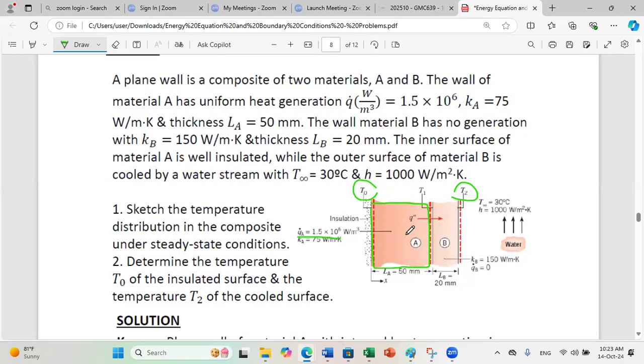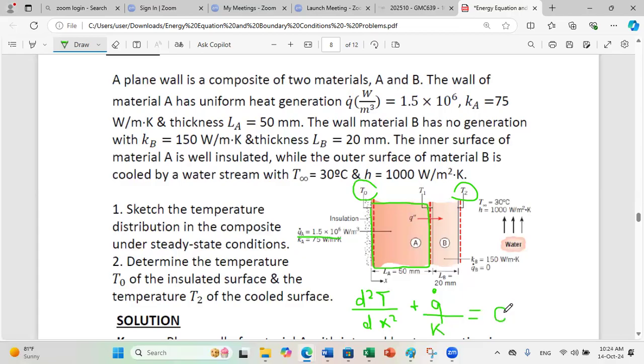So we go back to our differential equation, okay? We know that in case of conduction in a solid with generation, after simplifying the equation in Cartesian coordinates, we get the second derivative of temperature with respect to x plus Q dot, the volumetric generation, over the conductivity, okay, equal to 0.